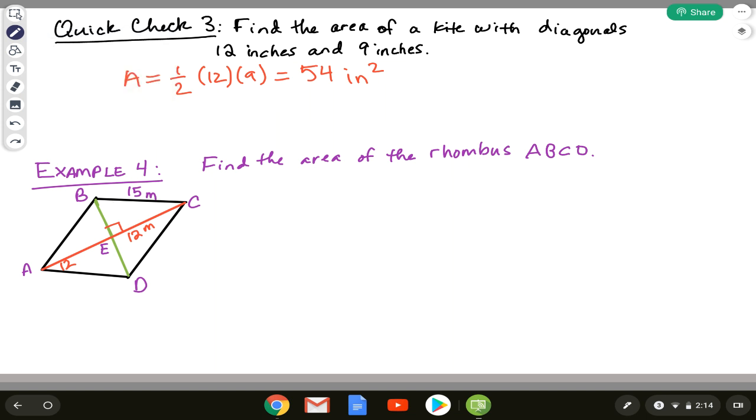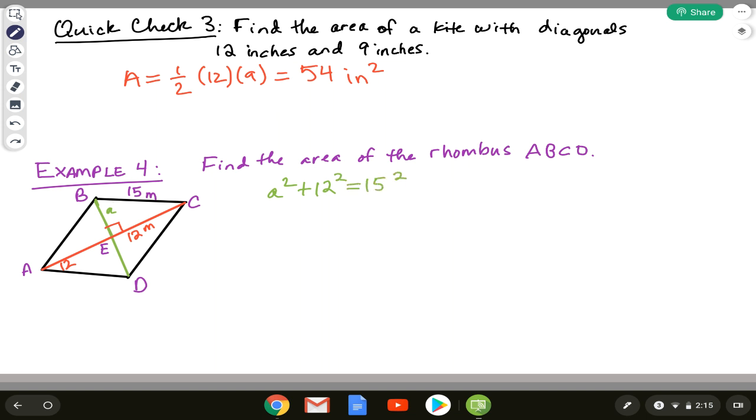So since I know that the diagonals of a rhombus are perpendicular, and I drew that in to be a right triangle, I can think about the Pythagorean theorem, and I know that, I'm going to call this A for now. I know that A squared plus the other leg squared, 12 squared, equals 15 squared, which is the hypotenuse of that triangle.